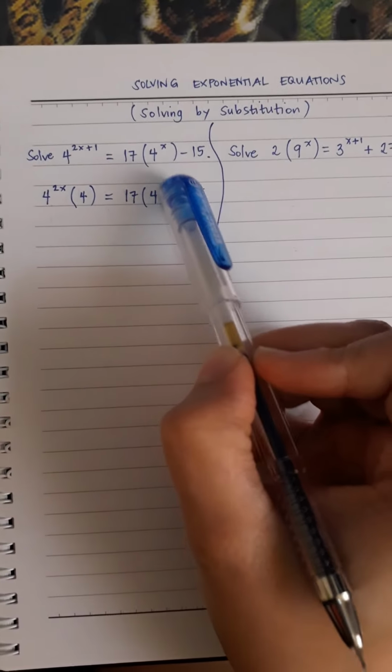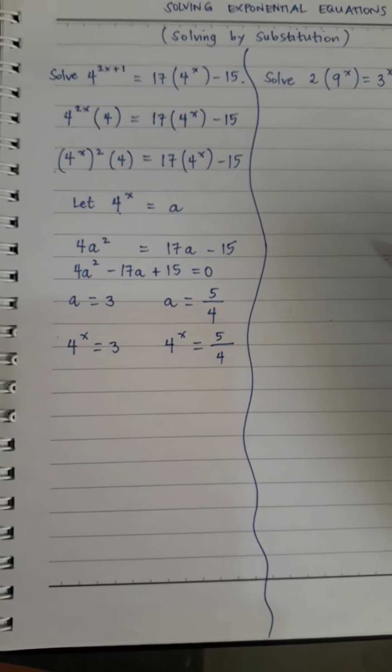Now, from here, we solve for the value of x by substituting a with 4 to the power of x. So, that means 4 to the power of x is 3 or 5 over 4. Okay. Again, we use logarithms to solve for x. Logarithms to base 10.